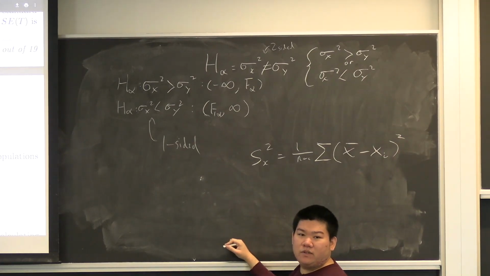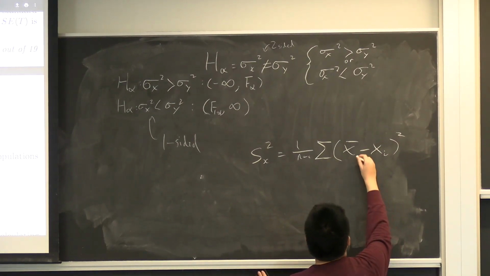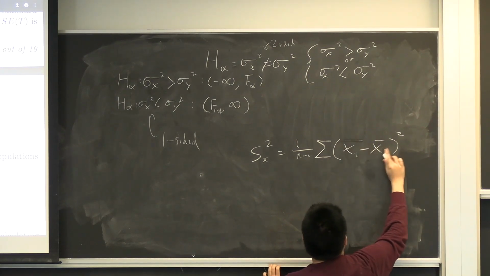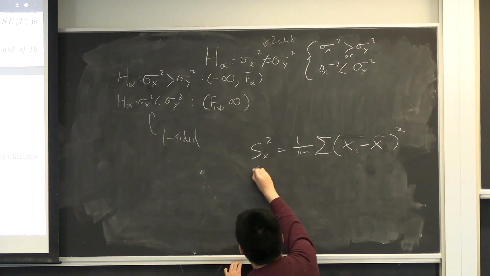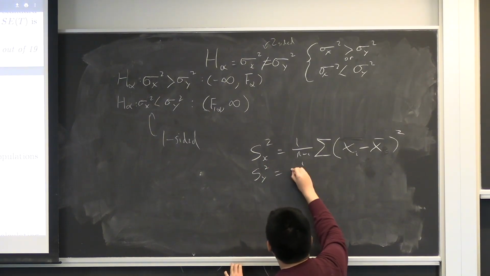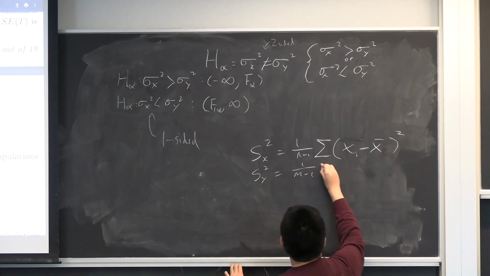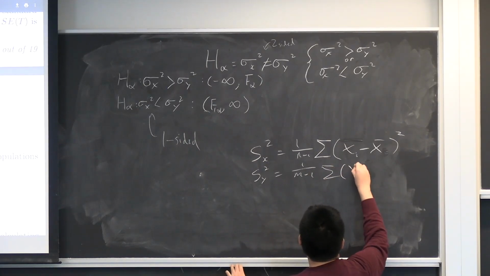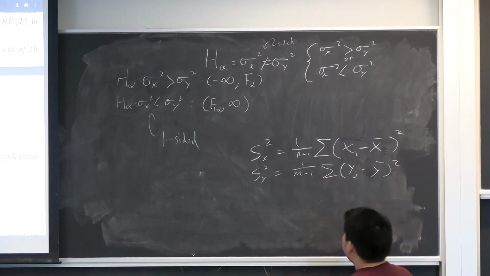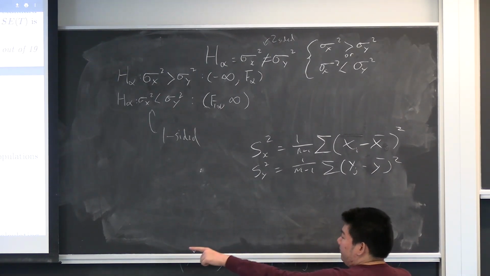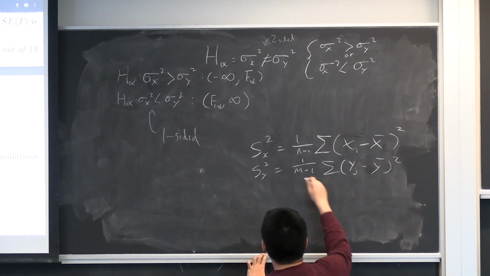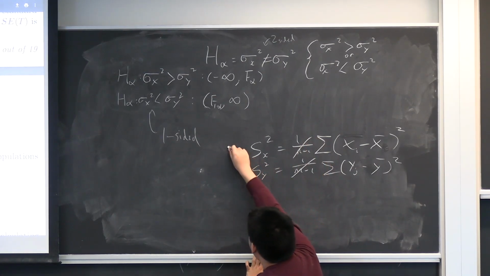I think I'm doing that right. Or it might be reversed. I don't think it matters, but I'm going to do this. And then the sample standard deviation for y is 1 over m minus 1 sum of yj minus y bar squared. So when we multiply both of those by n minus 1 and m minus 1 respectively, we're getting rid of these coefficients.